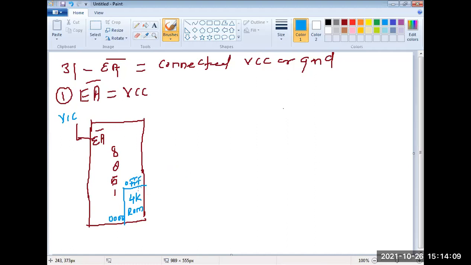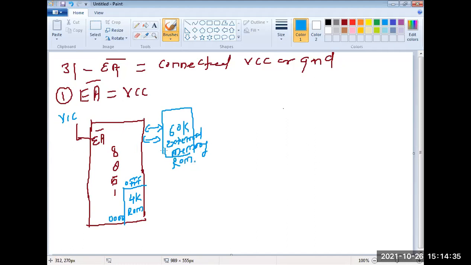If this is internal, the remaining 60 kilobytes I am giving for the external memory. That is ROM.